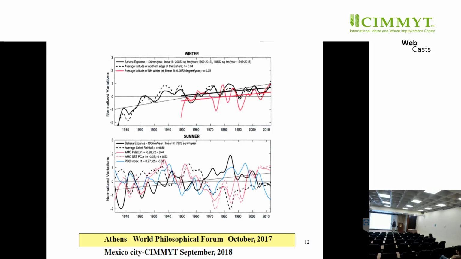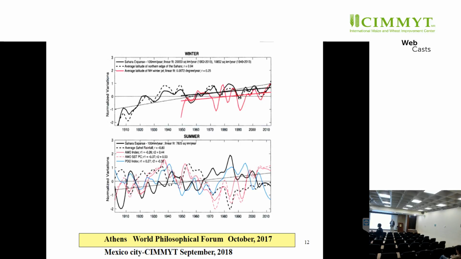The summer is different, but the linear relationship is also there, and there are fluctuations indeed. So, okay, I accept them. We put it that way. Yeah? I give you the reference of the article, so please.